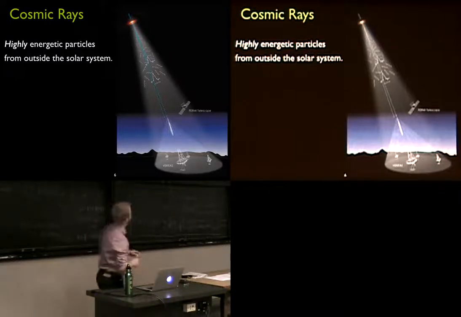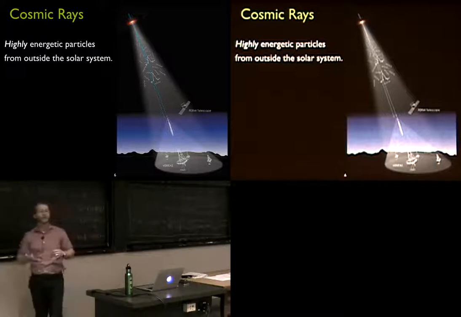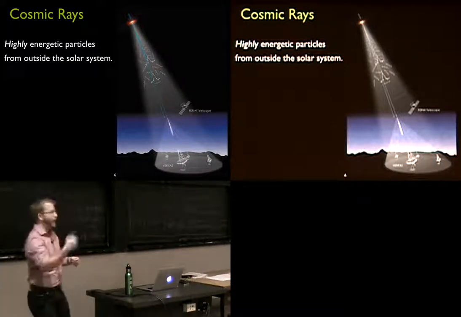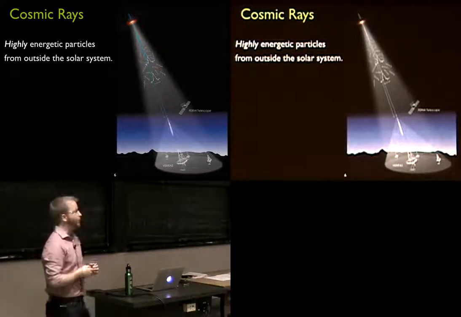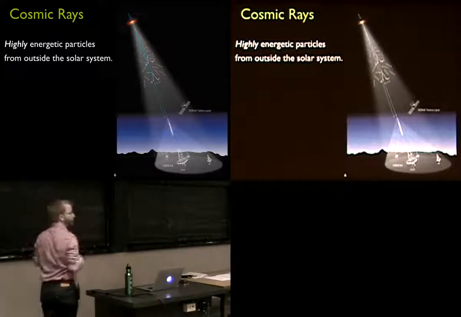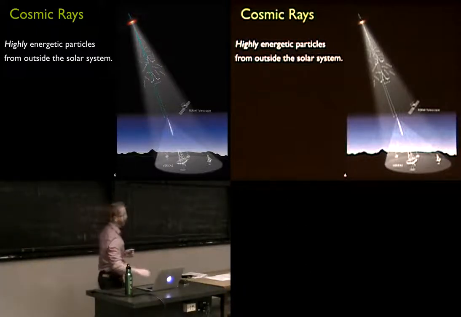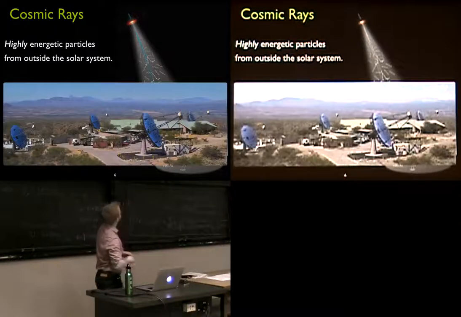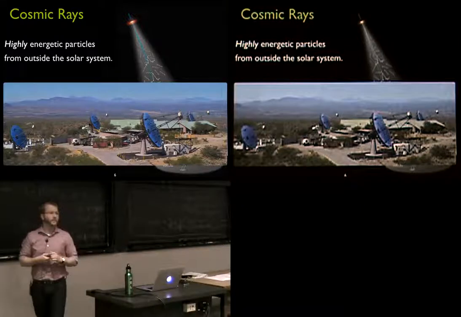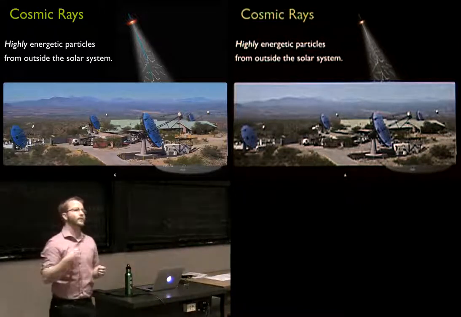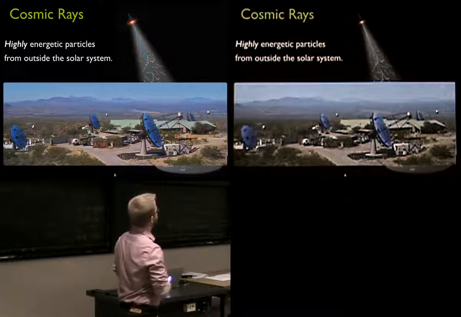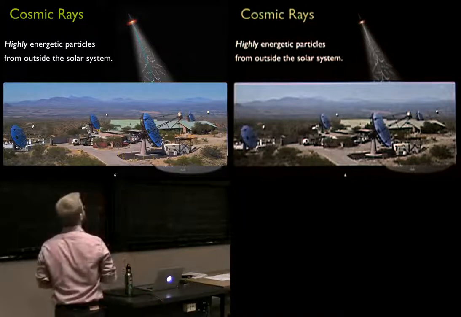And we detect them similar to neutrinos. We look for the triggering of radiation emitted as it interacts in the atmosphere. And so we get the shower of particles and light triggered by a cosmic ray interacting in the atmosphere. And we have instruments on the ground that detect them. So this is Veritas. This is one example of a cosmic ray detector that looks for that Cherenkov, that triggered radiation of interactions of cosmic rays with the atmosphere.